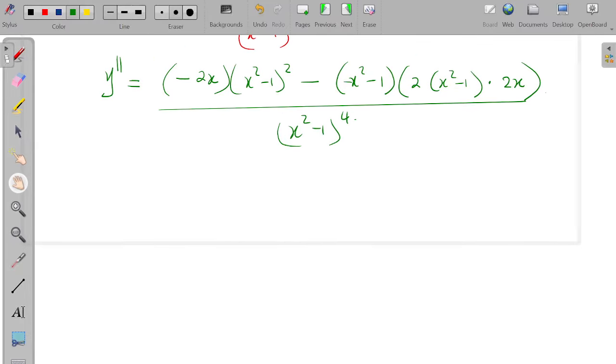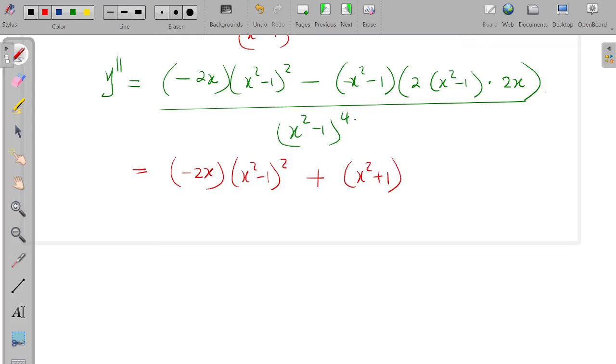Let's tidy up. We can factorize the minus out here to be positive, so this becomes x squared plus 1.